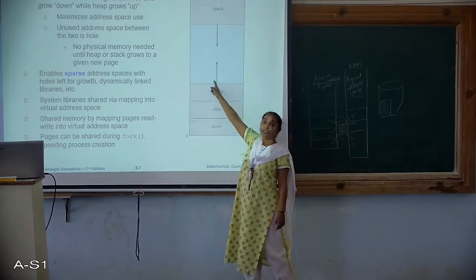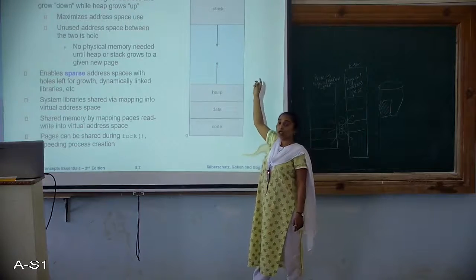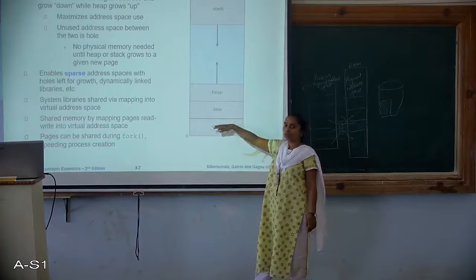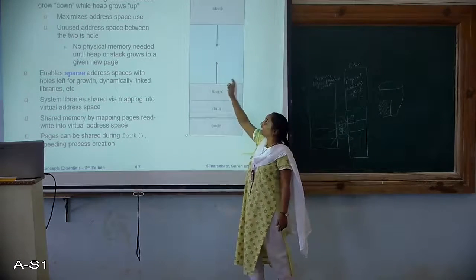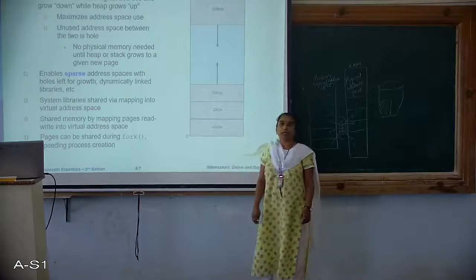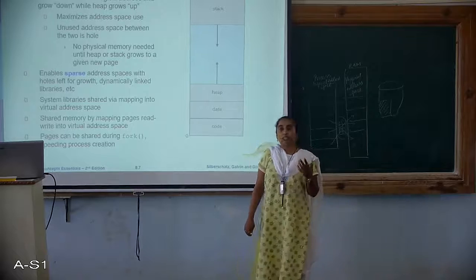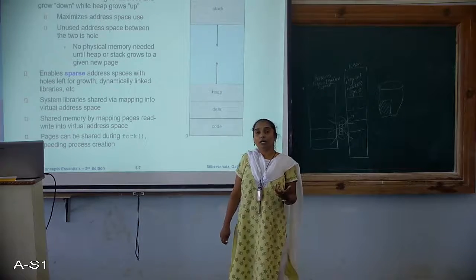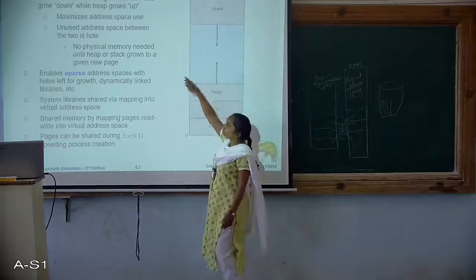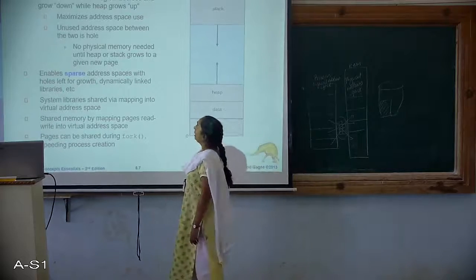The virtual pages are loaded into this space. In case of contiguous memory, you don't divide your process into pages. So in that case, this will be used for shared memory. What is shared memory? Shared libraries, shared routines, or common code will be loaded into this part of the memory. So that is what is explained here.